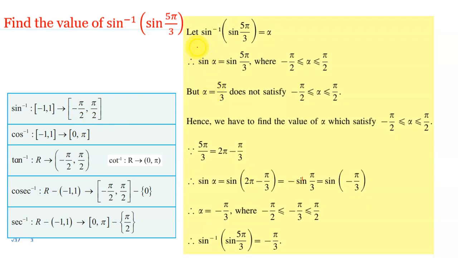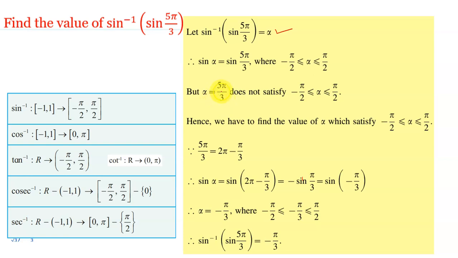Let sine inverse of sine of 5 pi by 3 be equal to alpha, where alpha lies between minus pi by 2 to plus pi by 2. Sine inverse of sine of 5 pi by 3 is equal to alpha. Therefore, sine of alpha is equal to sine of 5 pi by 3.